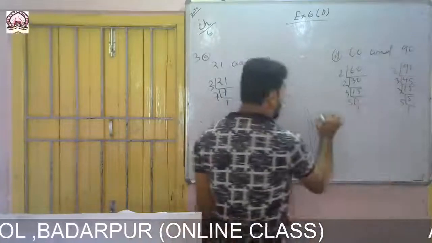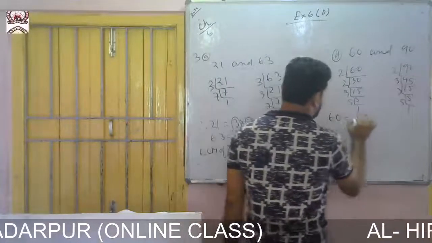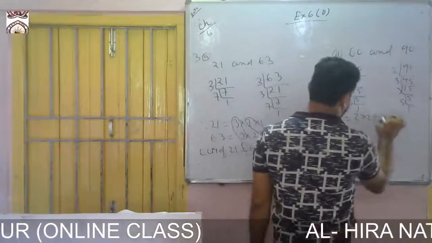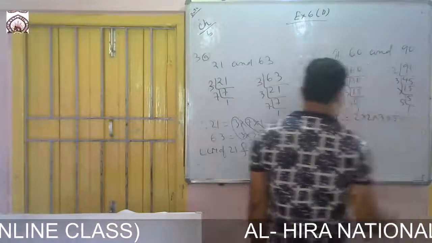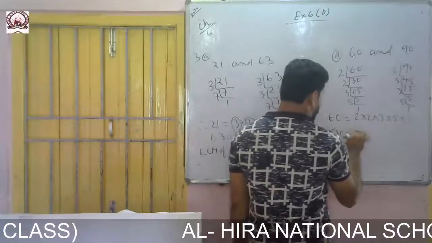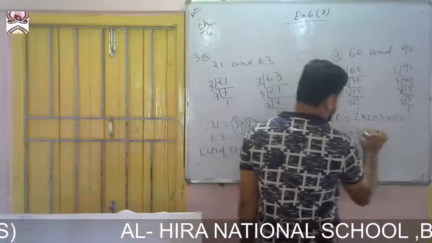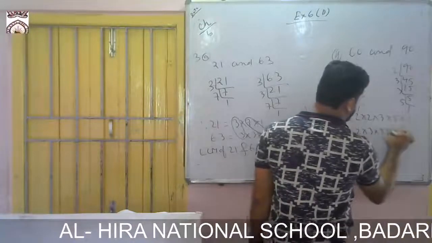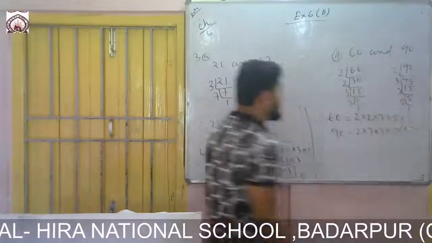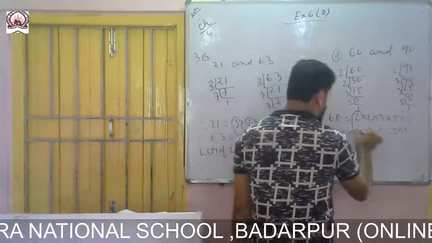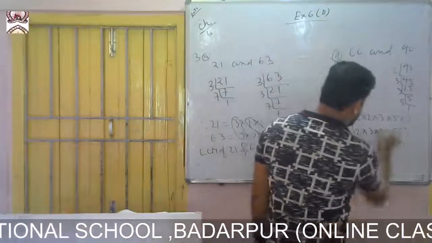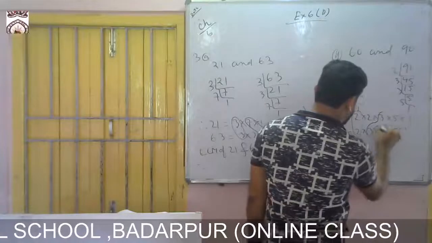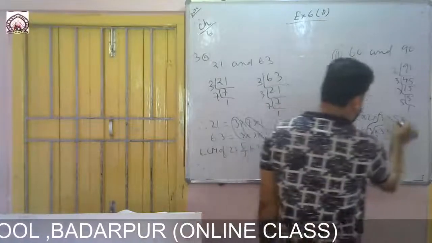Now write 60 equals 2 into 2 into 3 into 5 into 1. Now 90 equals 2 into 3 into 3 into 5 into 1. Now you take the common, these 2, then these 3, then this 5.